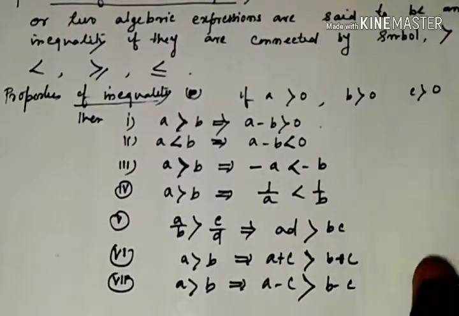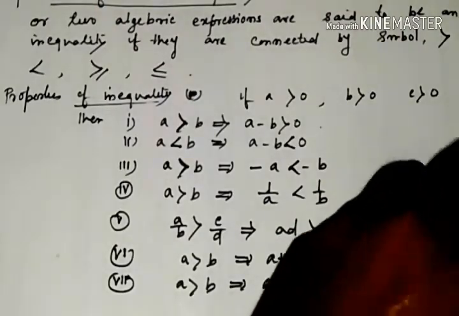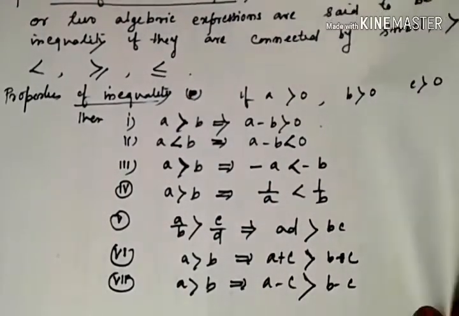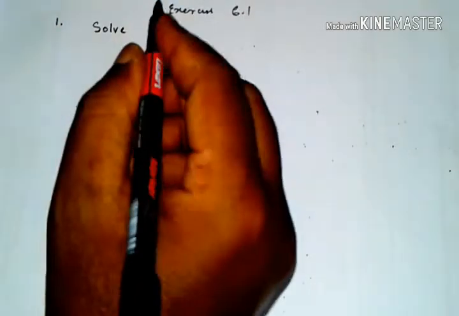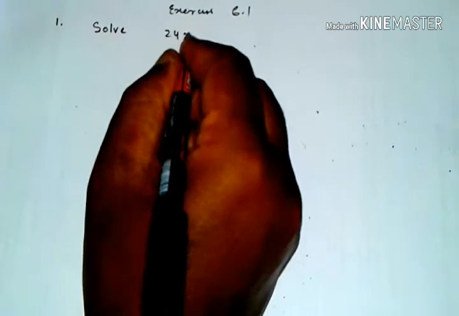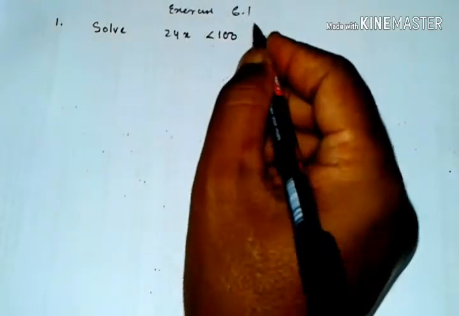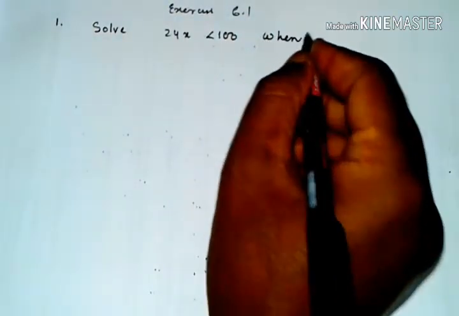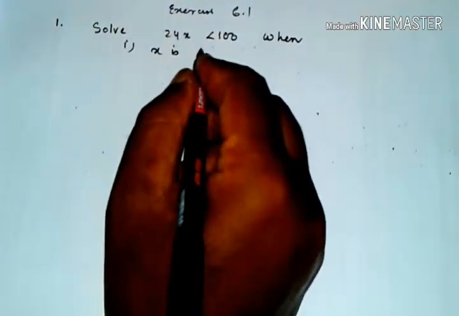Now I shall discuss some problems which are in exercise number 6.1, exercise solved. 24x less than 100, when x is a natural number.